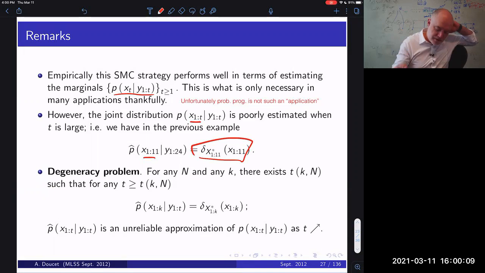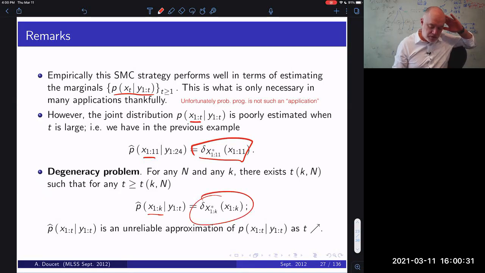And there's this degeneracy problem, which is stated formally, says that for any k and for any n, there exists some time t_{k,n} such that for any time greater than this t_{k,n}, the marginal posterior distribution is Dirac.